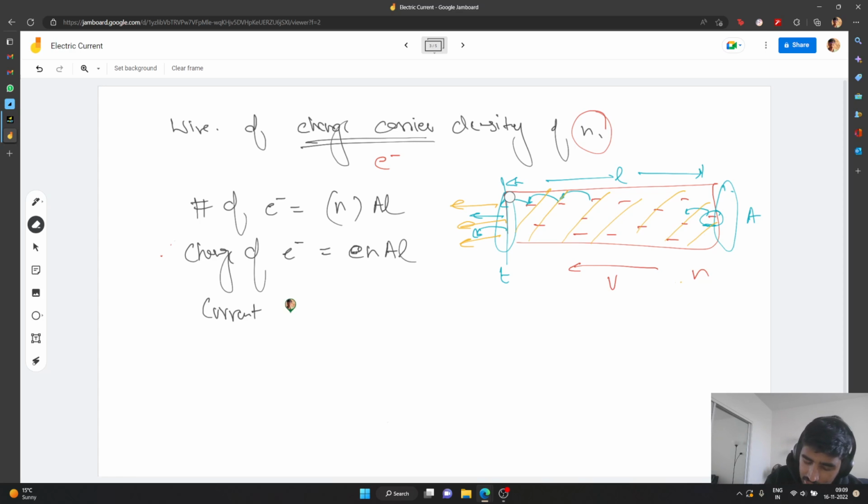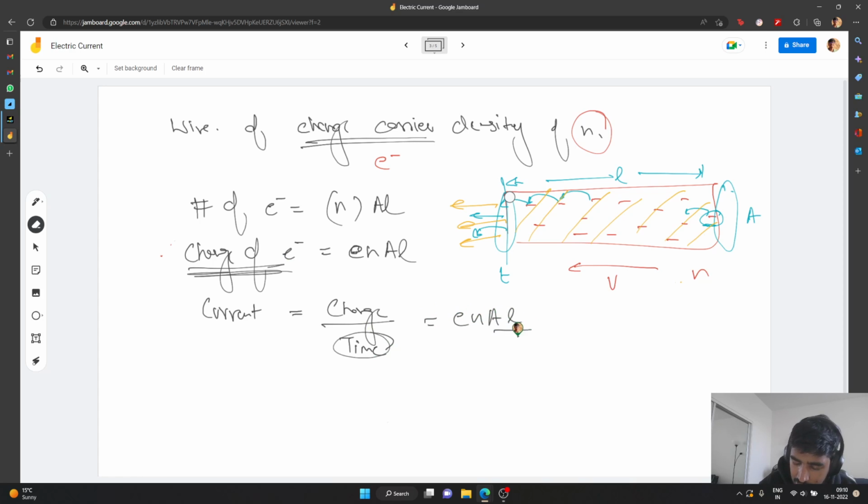Current is defined as how much charge has come out per unit time, right? So all of this charge has flown out in some time, and we can just divide. So nAL by t, and L by t is nothing but velocity, right? So nAeV. This is the formula for current, right?